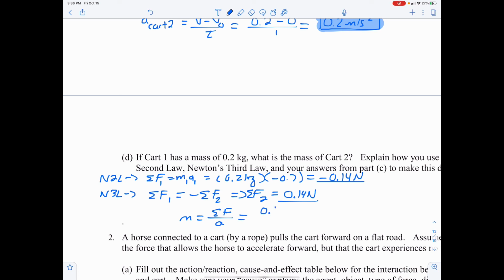The net force being 0.14 newtons divided by the acceleration of cart 2, which we found on the graph to be 0.2 after the collision. Dividing those, we can see that cart 2 would be about 0.7 kilograms.